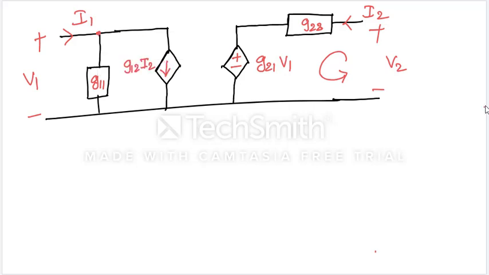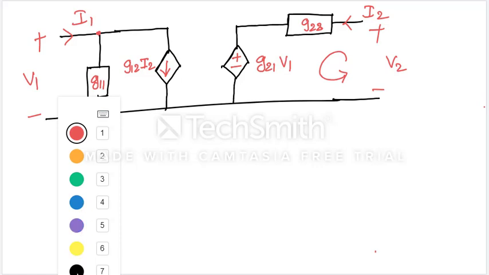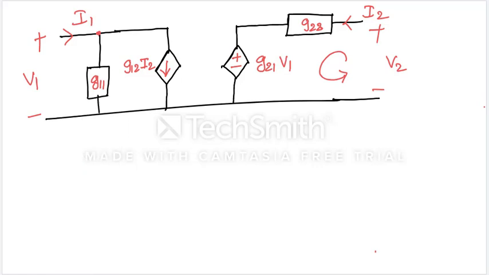Right. Now let us see the condition for symmetrical and reciprocal networks. Here the conditions are the same as for the H parameters.